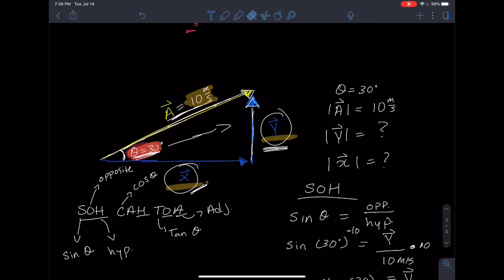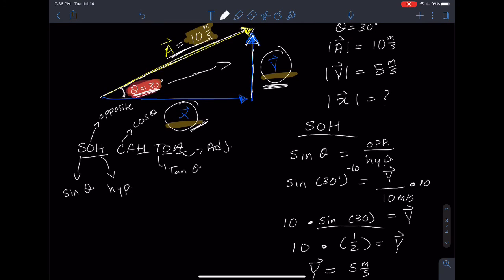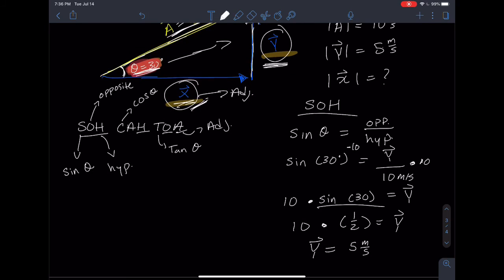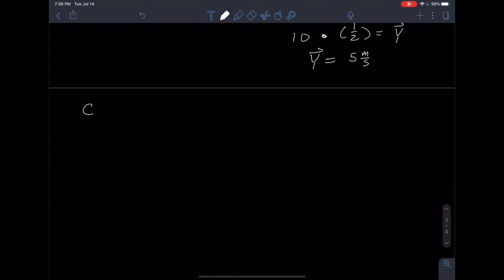So we can erase this question mark because we now know the answer, and we can say 5 meters per second. Now we want to find the magnitude of the x. Since x is the adjacent side, we're going to use cosine. So we're going to use CAH.